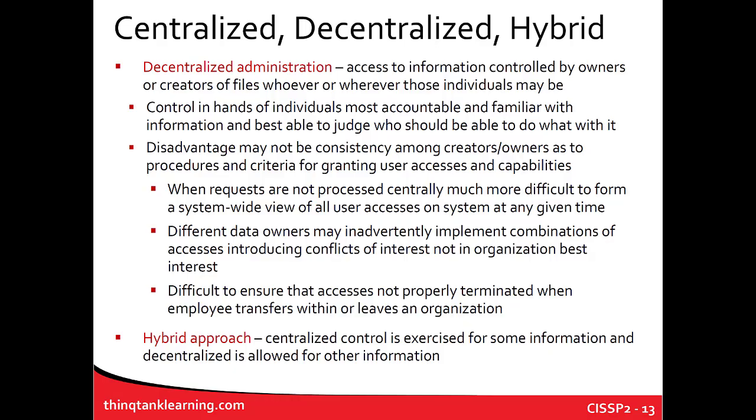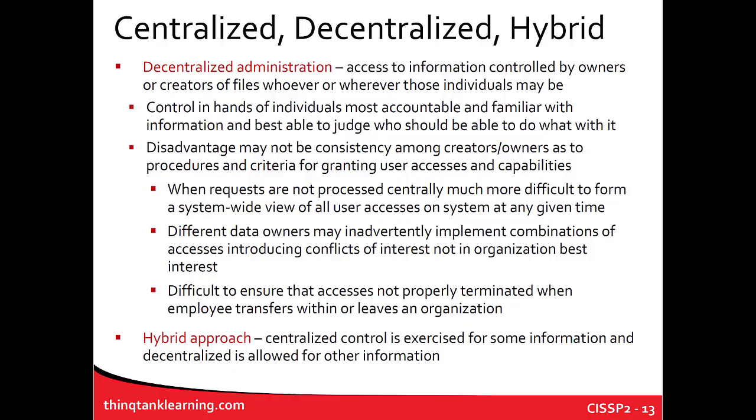There could potentially be ethical concerns as well. And it can also be difficult to revoke access. If an employee leaves, we might have multiple individuals responsible for managing that departure. Because of these specific issues, a lot of organizations will develop a hybrid model.